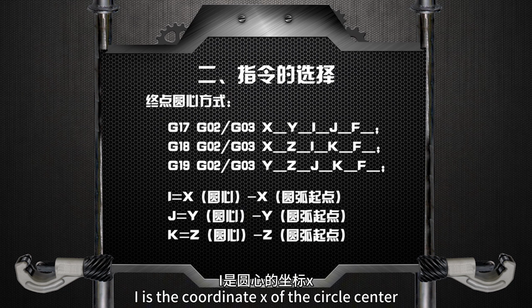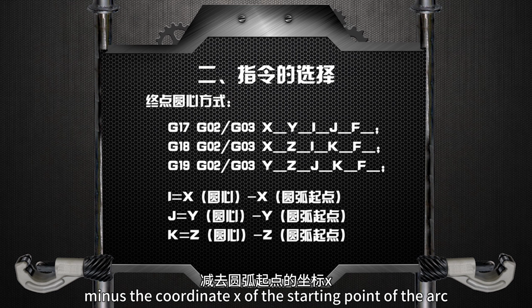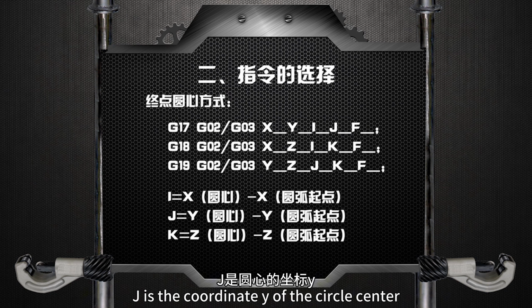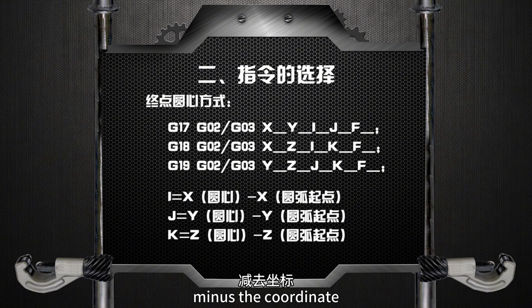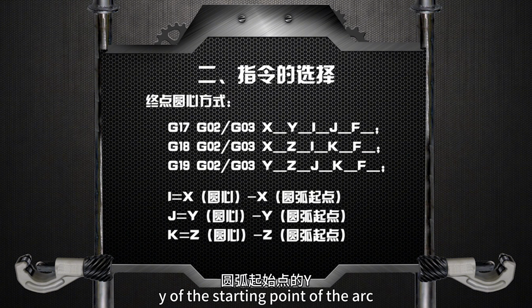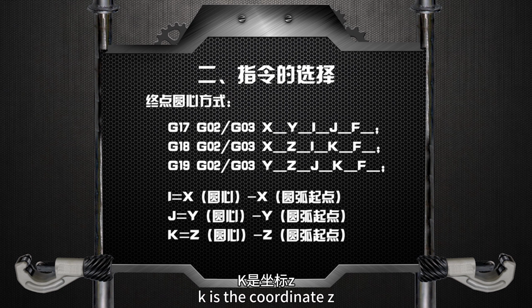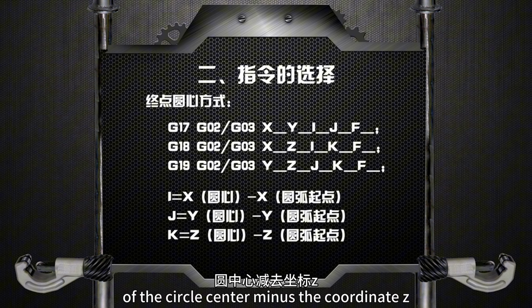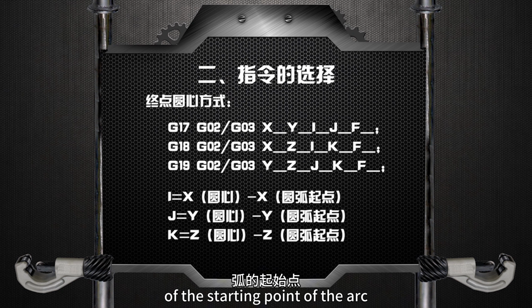I is the coordinate x of the circle center minus the coordinate x of the starting point of the arc. J is the coordinate y of the circle center minus the coordinate y of the starting point of the arc. K is the coordinate z of the circle center minus the coordinate z of the starting point of the arc.